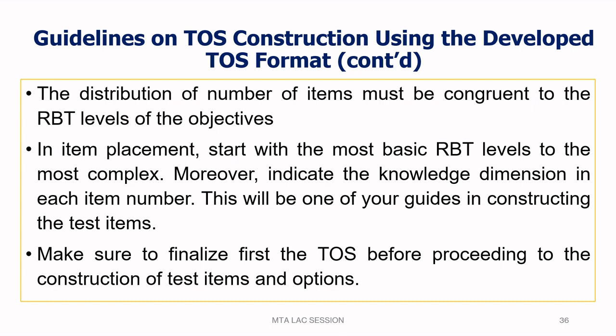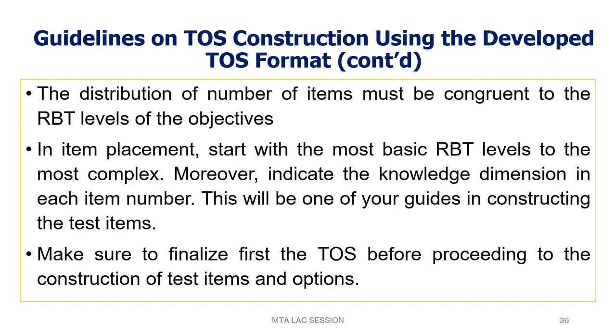Next, in item placement, start with the most basic RBT levels to the most complex. Moreover, indicate the knowledge dimensions in each item number. This will be one of your guides in constructing test items. So I think that is always the name of the game when it comes to assessment. We always start with the simplest one, going to the most complex.